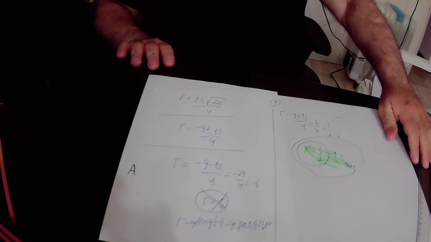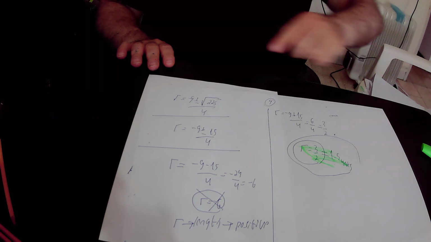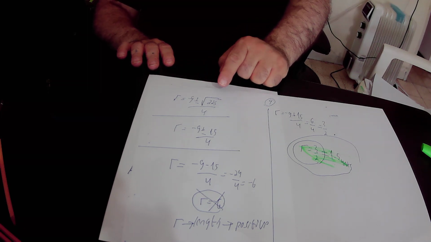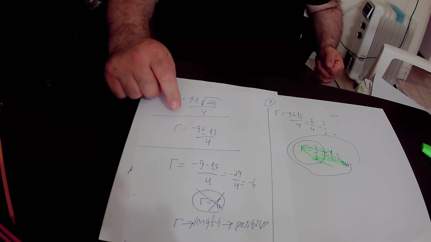So inside the root we are left only with 225. So r equals minus 9 plus minus square root of 225 over 4. The square root of 225 is 15. So in conclusion we found out that r equals minus 9 plus minus 15 over 4.